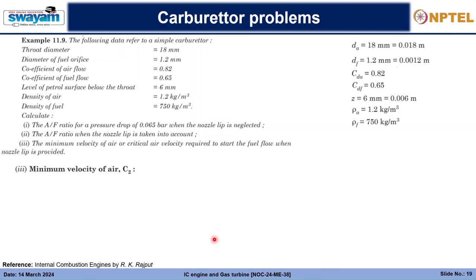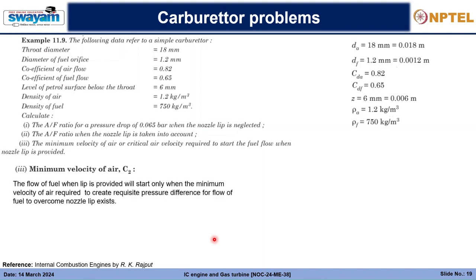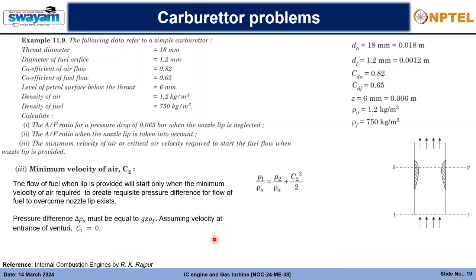Then the minimum velocity of air, C2. For this we can follow the concept that the flow of fuel when the lip is provided will start only when the minimum velocity of air creates the prerequisite pressure difference for fuel to overcome the nozzle lip. For that, the pressure difference delta P_A must be equal to g z rho_F.